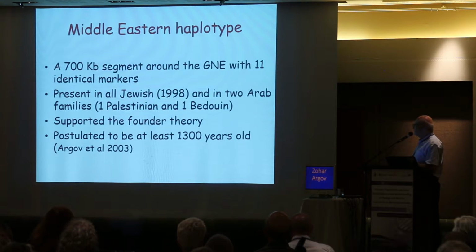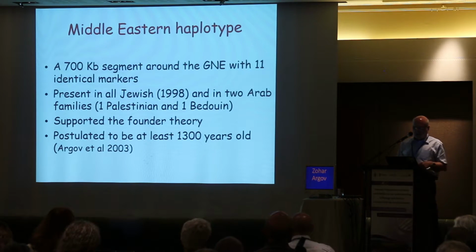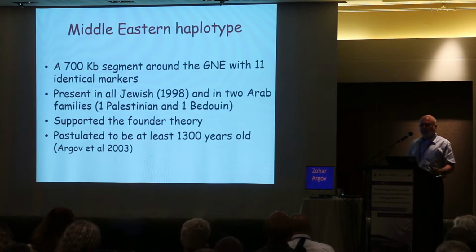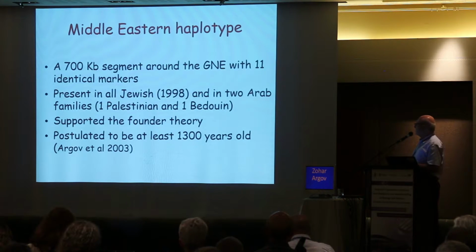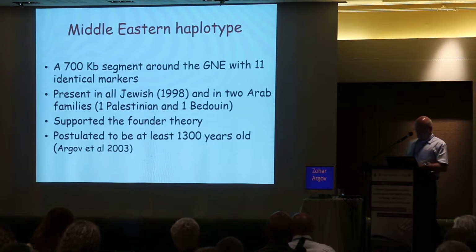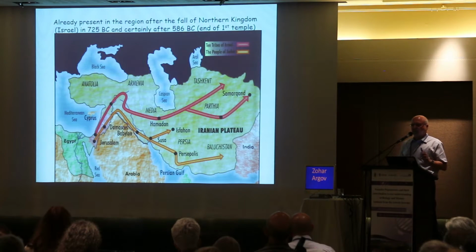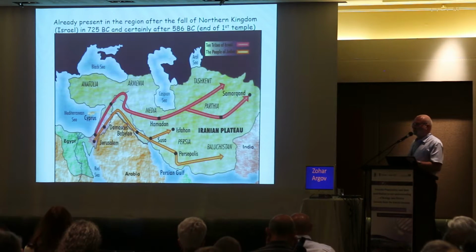So I then postulated that the Middle Eastern cluster is probably from before Islamic time, about 1300 years old. I was wrong by a bit, as you will see. Now, this is not a secret map of the attack of Israel on Persia.